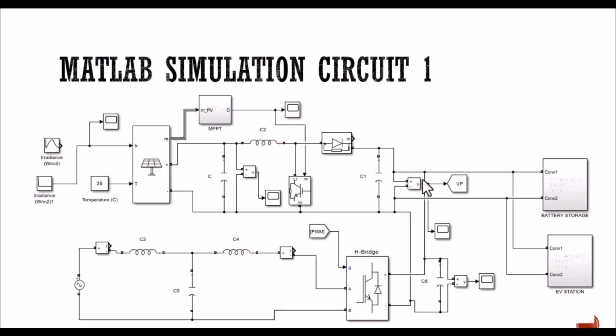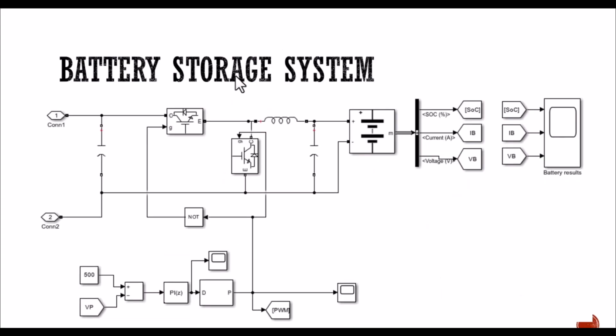It will be connected at the output of the solar array or at the input of the battery storage, so it will behave in a two-directional mode. This is the battery storage system, and SOC shows the state of charge of the battery, how much the battery is charged, along with the current and the voltage of the battery. All these can be output at the scope.